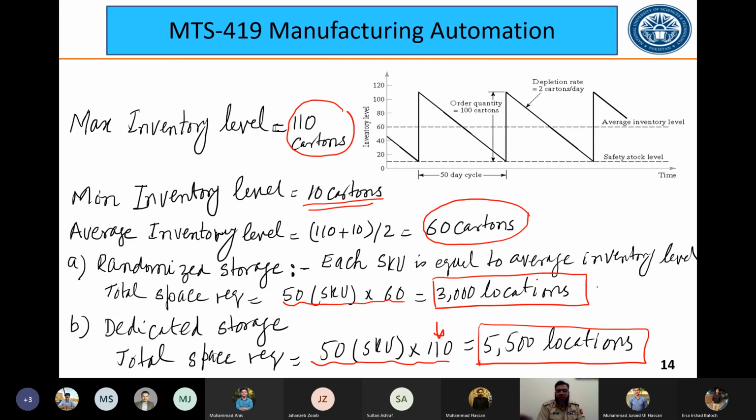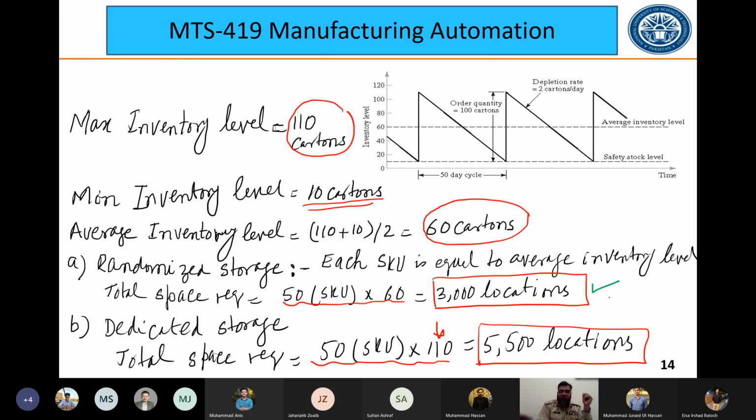So I would require only 3000 locations to store if I go with the randomized storage. ठीक है, ये इंट्यूटिवनेस से ये बात समझ आ रही है? So 60 cartons is the average of each SKU, for 50 SKUs, and so I need 3000 locations.